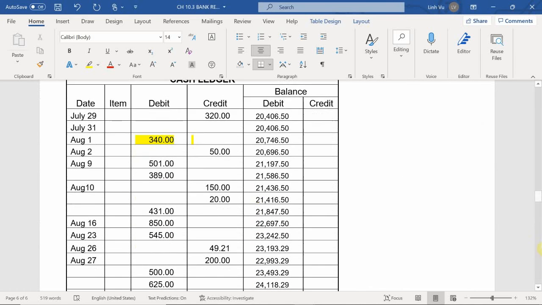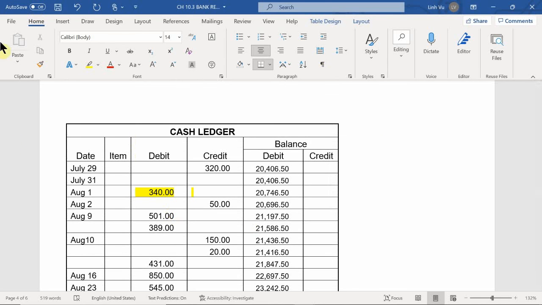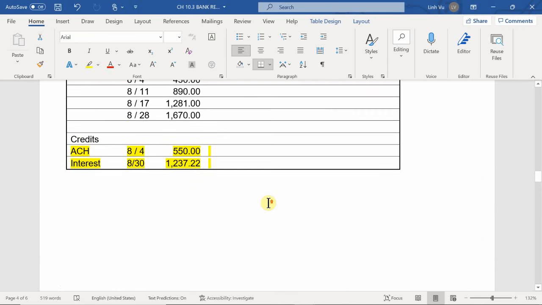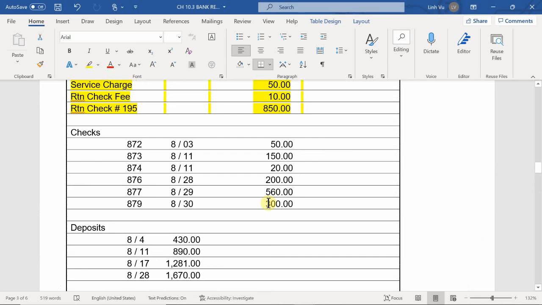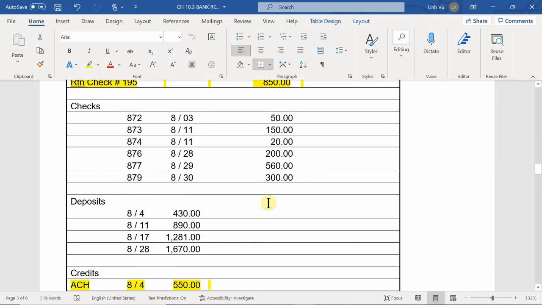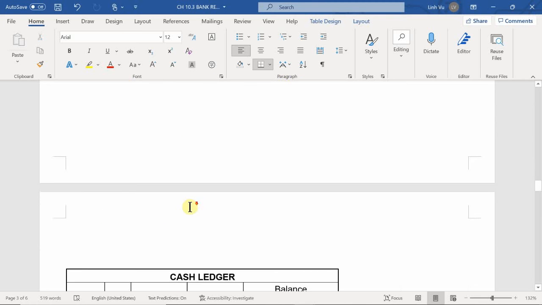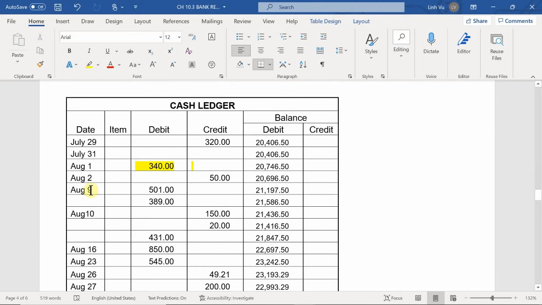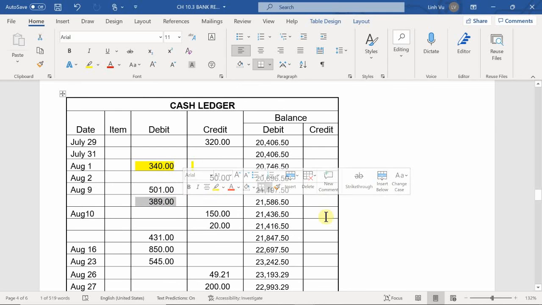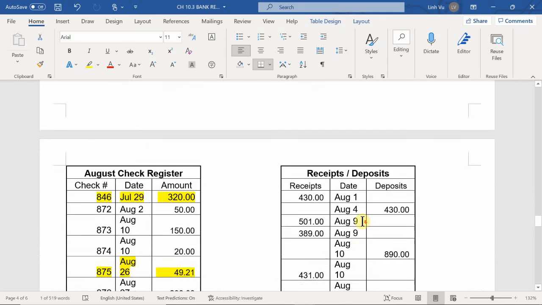Then on August 2nd, I wrote a check out for $50. Is that true? Yes, that is true. Okay, that's good. Next, we have August 9. I had a deposit of $500 plus the $389, so let's take a look at my deposit.